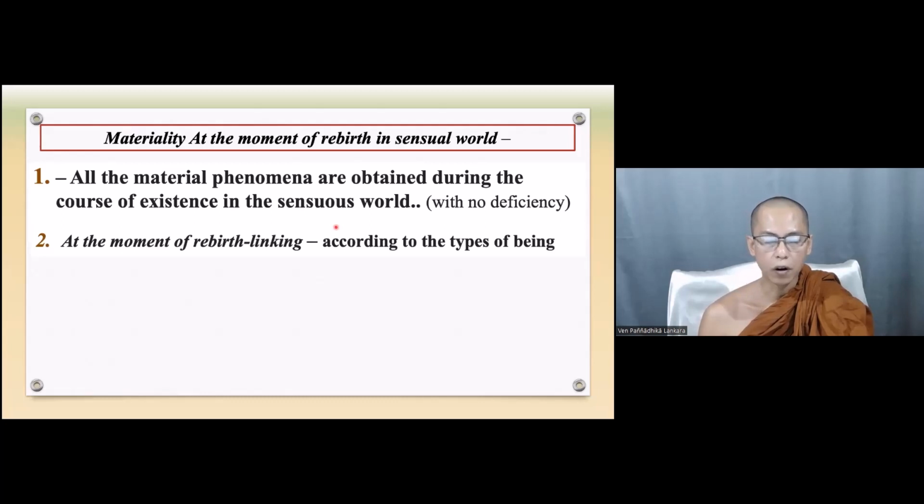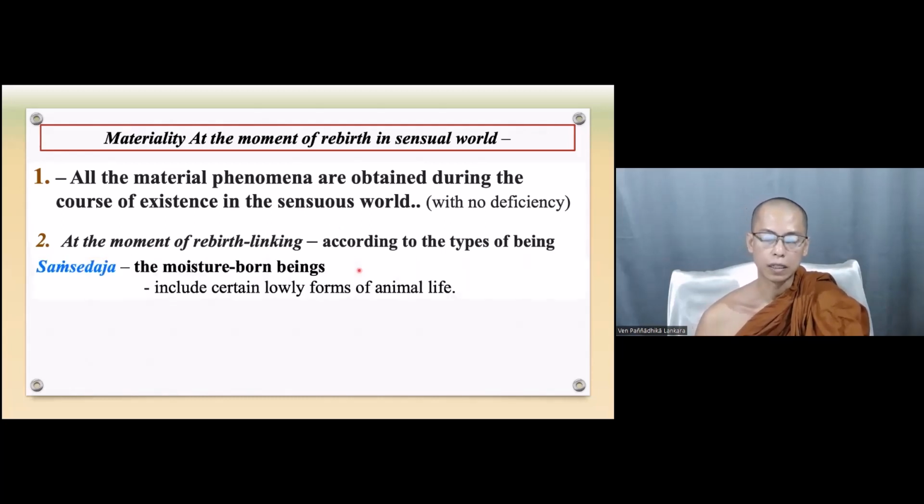When we study about the materiality that arises at the moment of rebirth linking in the sensual world, we have to classify according to the types of beings. First, we have to know the types of being. There is the moisture-born being.